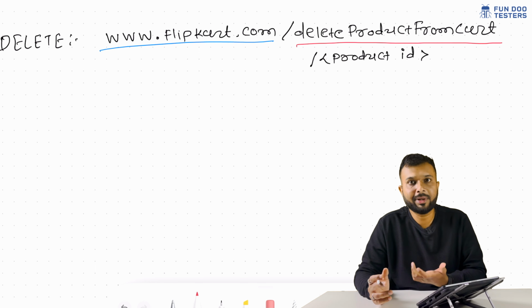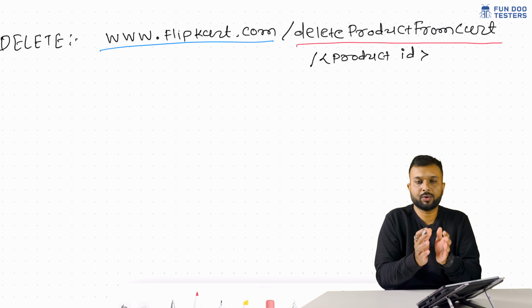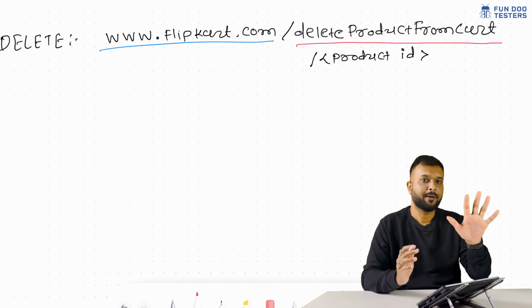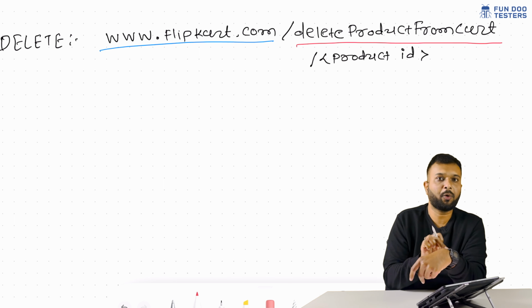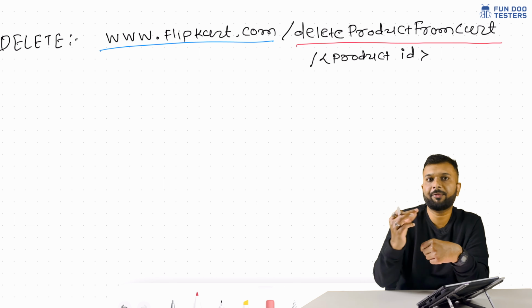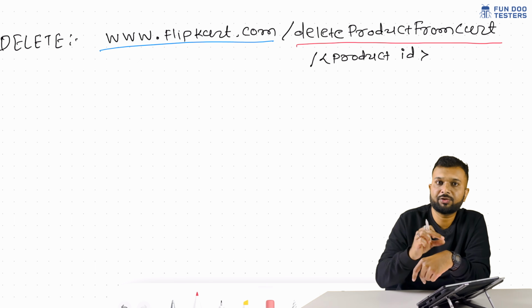Now we have to delete the product, so we have to pass some value. Why? Because if I say this is my hand or this is my watch, I have to show some proof. How can I say this is mine? If I have purchased the product, I will have a bill with my name and mobile number.